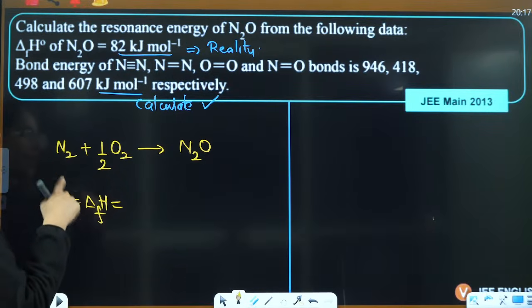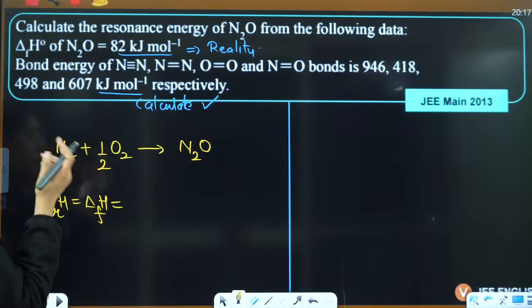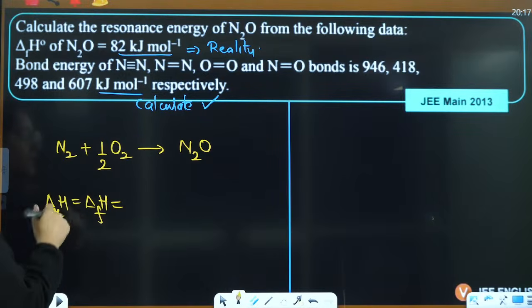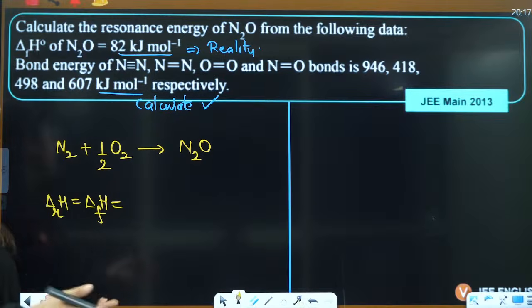Whenever you want to calculate the delta H of reaction in terms of bond energies, that will be reactants minus products.